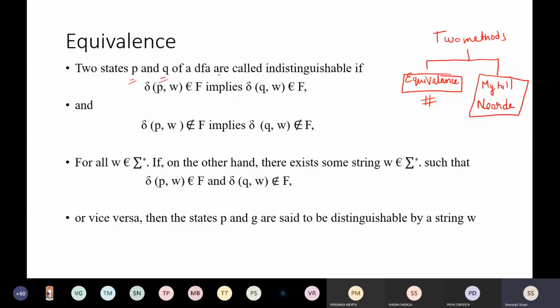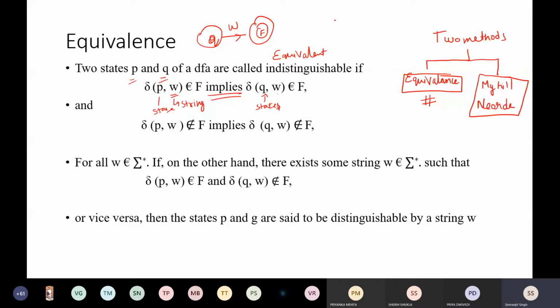Two states P and Q of a DFA are called indistinguishable, which just means equivalent, if the transition of P on W, where W is any string, leads to a final state, then the transition of Q on W also belongs to the set of final states. Here P and Q are states, and the implication symbol just confirms this.